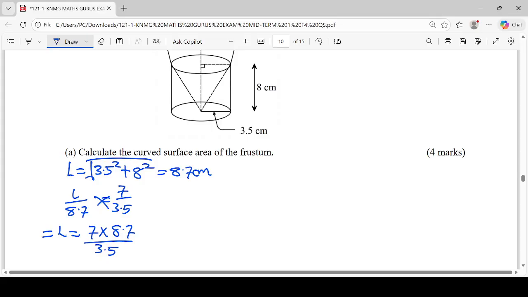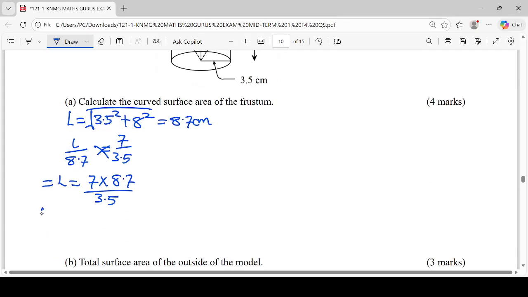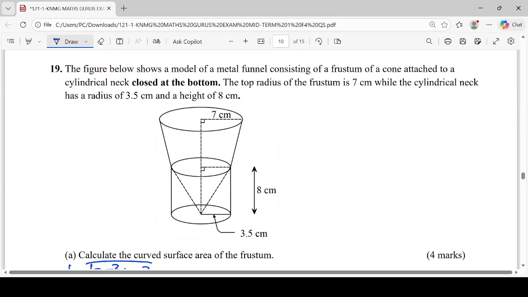When you have 7 times 8.7 divided by 3.5, you get 17.4 centimeters as the total slant height from here coming down to here.